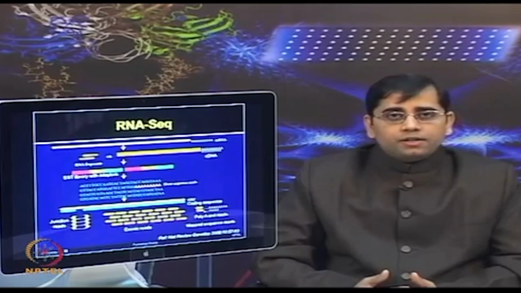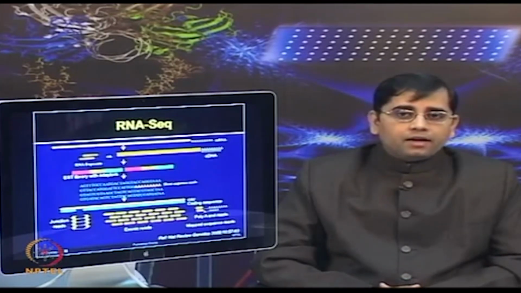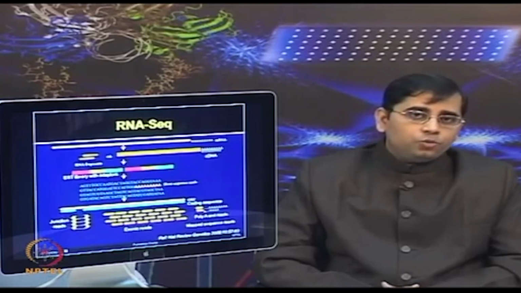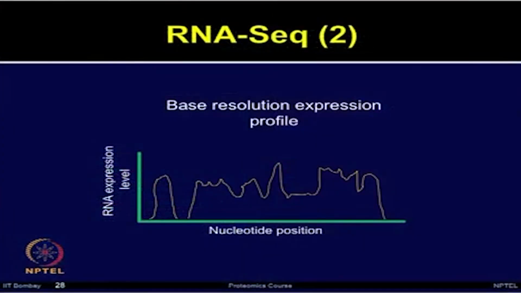From each cDNA, a short sequence is obtained and the resulting sequence reads such as exonic, junction and poly-A end reads are aligned with the reference genome sequence. So, the sequence reads, exonic read, junction read and poly-A end reads, can be used to generate a base resolution expression profile, as you can see here, plotted with nucleotide position on the x axis and RNA expression level on the y axis.